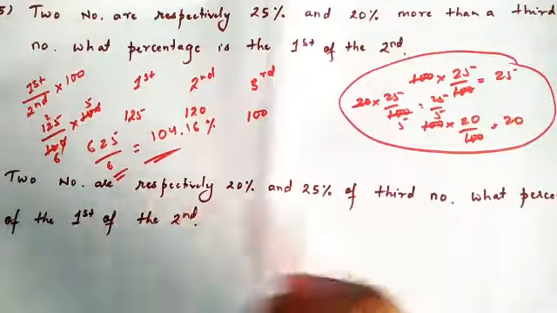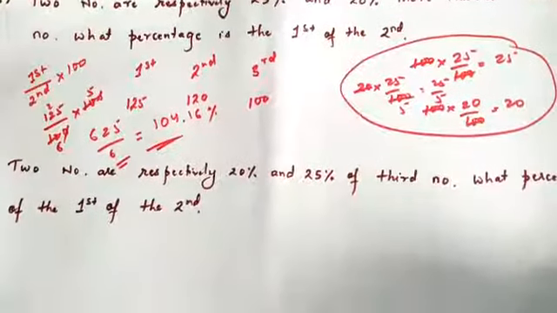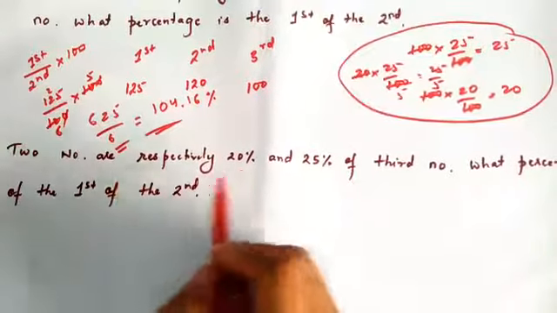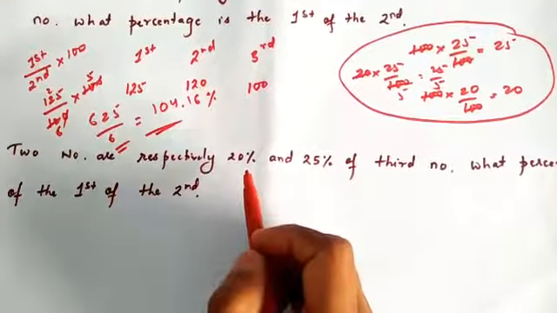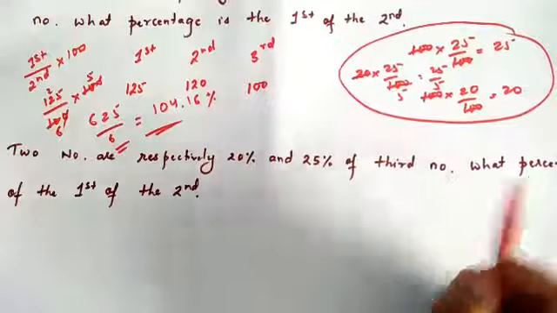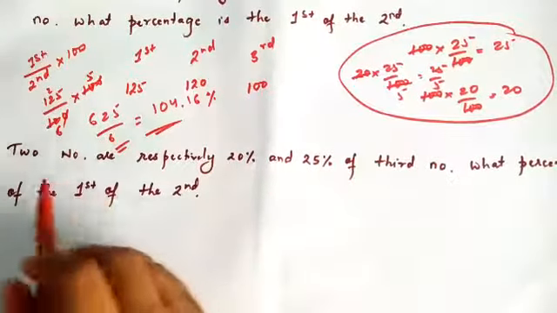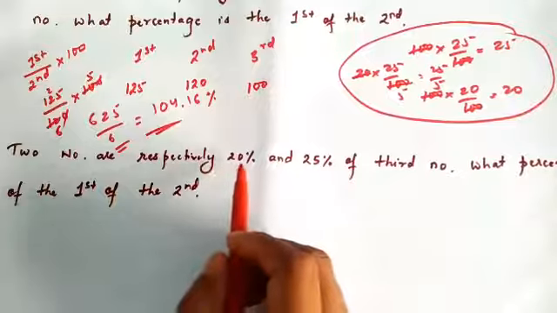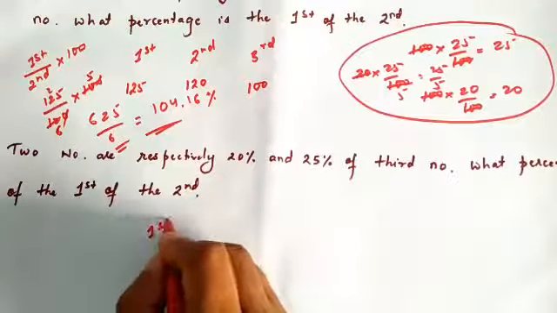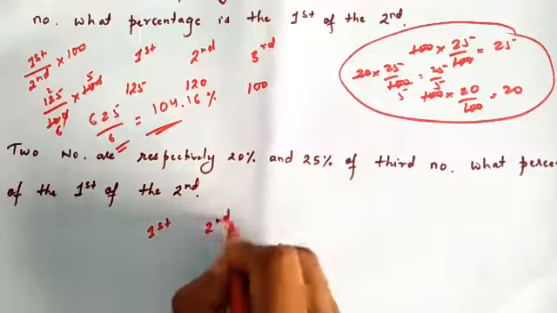Now similarly the next question. The next question says two numbers are respectively 20% and 25% of the third number. What percent is the first of the second? Similarly, first number, second number and third number.